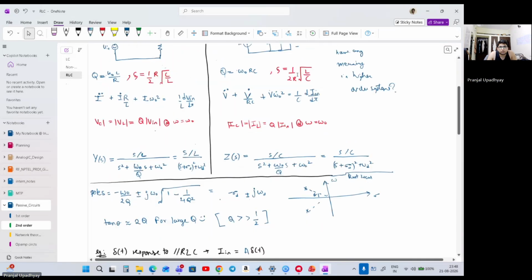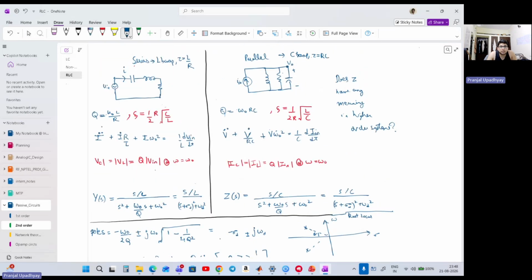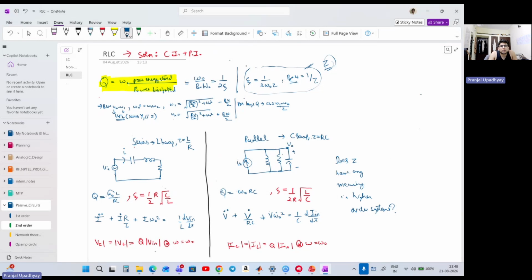Now, going deeper into this, we already defined the quality factor as frequency divided by the bandwidth. And here we must understand that when we are talking about this omega naught, here it is some general frequency, okay?